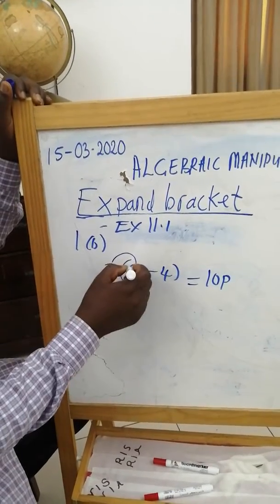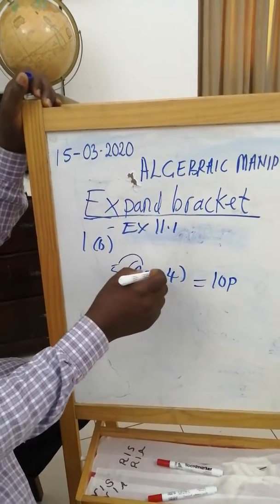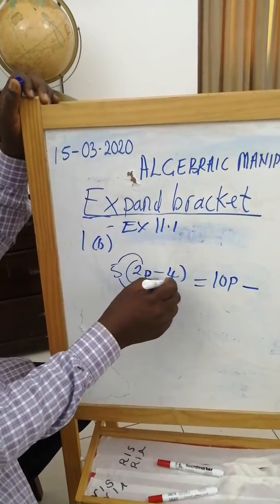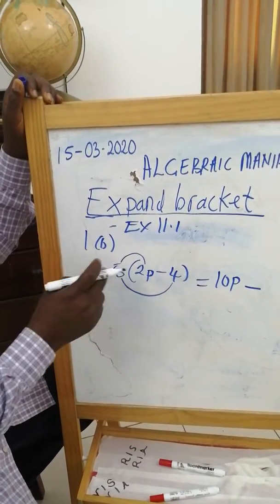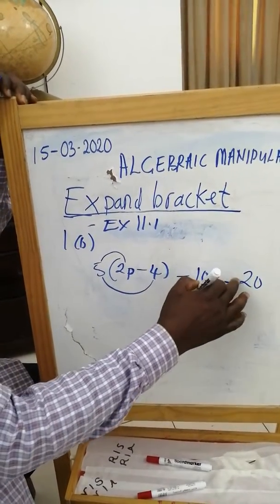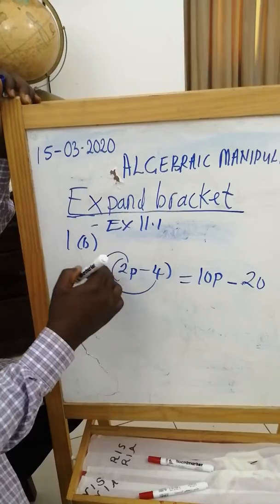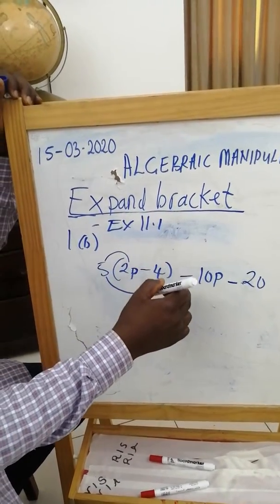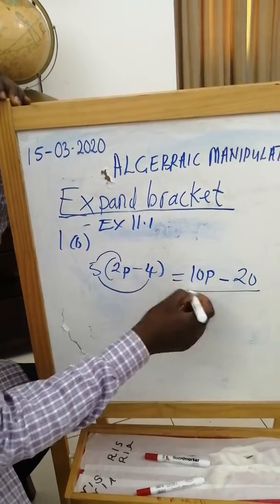The 5 multiplies the 2, then you add the p. Then put the negative sign. Then you multiply this 5 by 4. That will give us what? 20. So we have here 5 bracket 2p minus 4 will give us 10p minus 20.